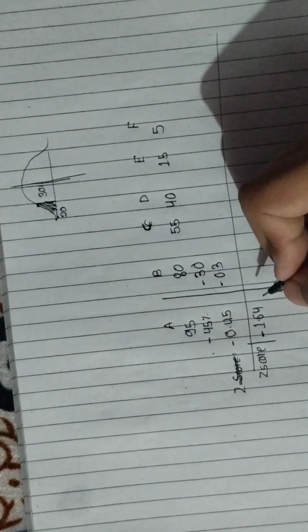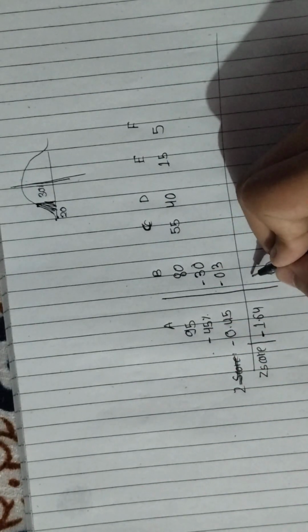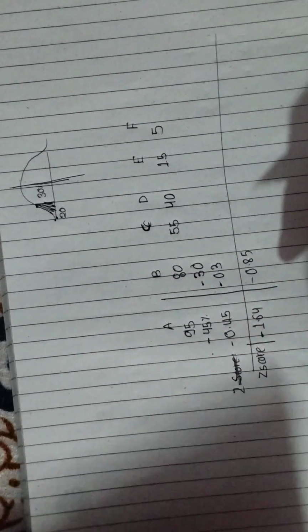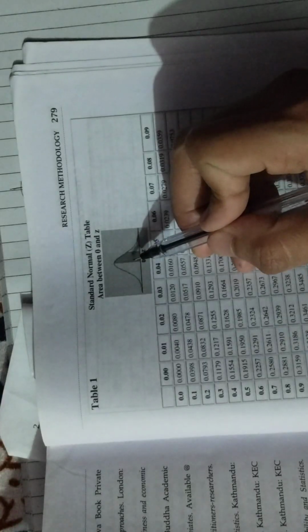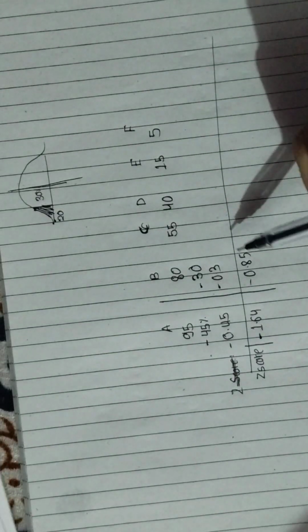Minus 0.3 area will be minus 0.85. How to get this again? If you go to the table, you need the area to be 0.3. Here is 0.3, and going across you get 0.85.